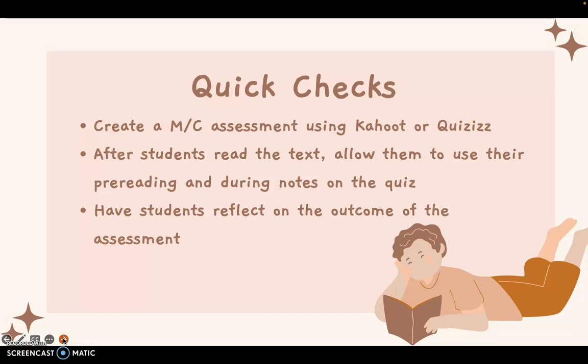You create that assessment and then have the students read. And then after they've read, allow them to use their pre-reading and during reading notes on that Kahoot or Quizzes quiz. And then have them reflect on the outcome of the assessment.